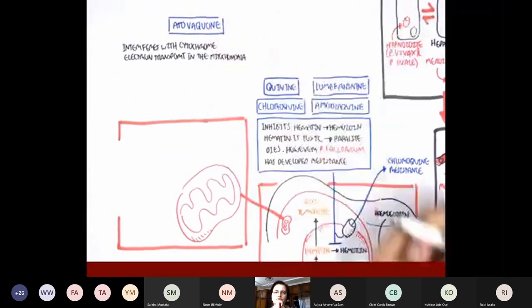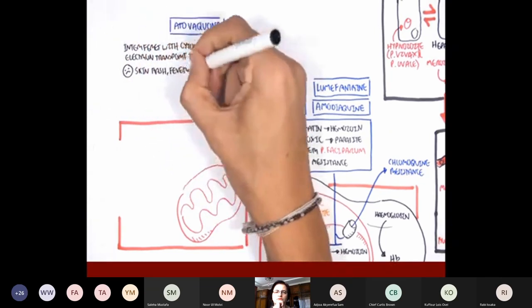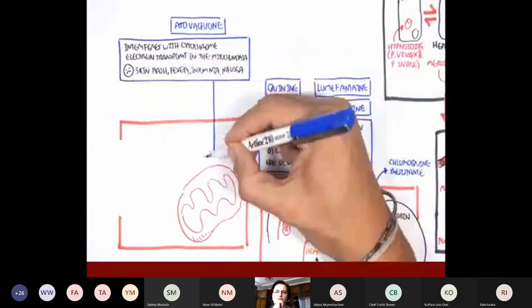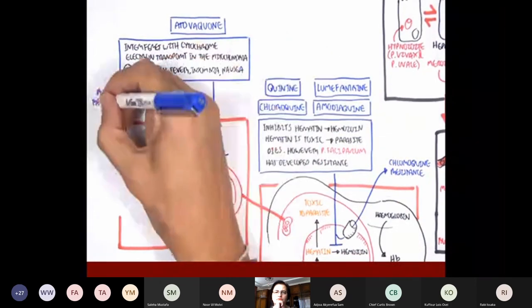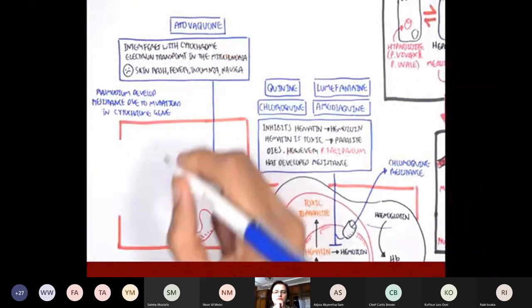Thus, we can say that atovaquone inhibits the parasite from making energy. Our own bodies also have cytochromes, but this is distinctively different from the parasitic cytochrome. Side effects of atovaquone include skin rash, fever, insomnia, and nausea. Some Plasmodium parasites have actually been able to develop resistance to this drug due to mutations in their cytochrome gene.